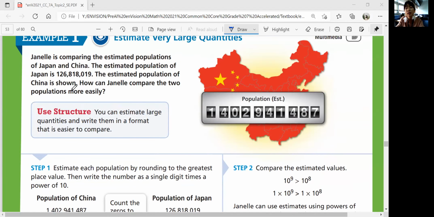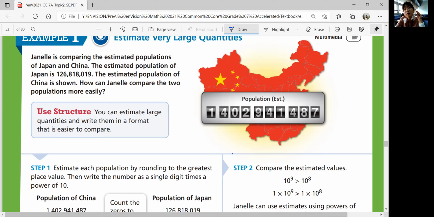So Japan has 126,818,019 compared to the 100 million, right? 19 is very small, and also 8,000 and all those other place values compared to 100 million. The other digits are less significant to affect your number, right? You're going to just think about the greatest place value.